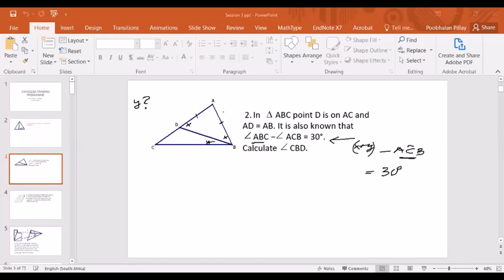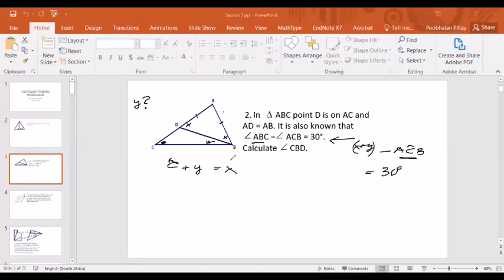Now, ACB, that's angle C. If you look at it, this angle and this angle here are two angles of this triangle, and that one is an exterior angle. You will see that angle C plus angle Y is equal to angle X. That's your exterior angle.